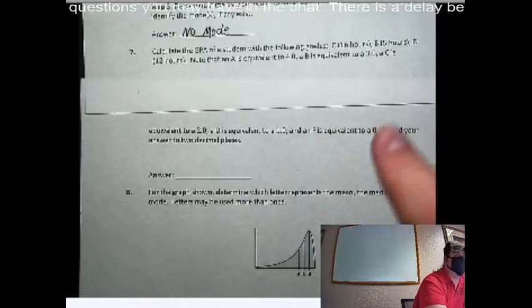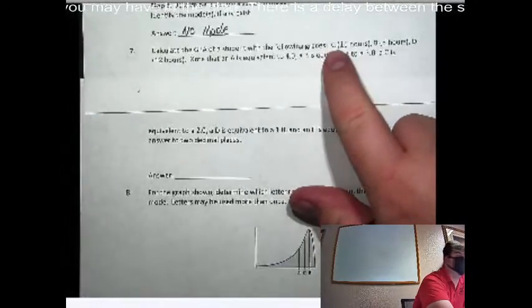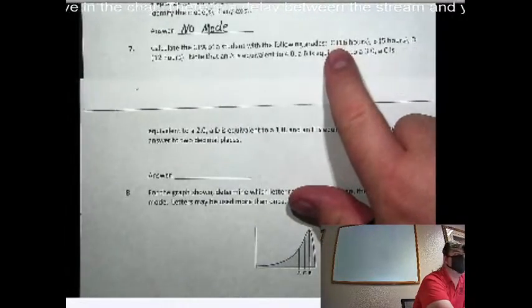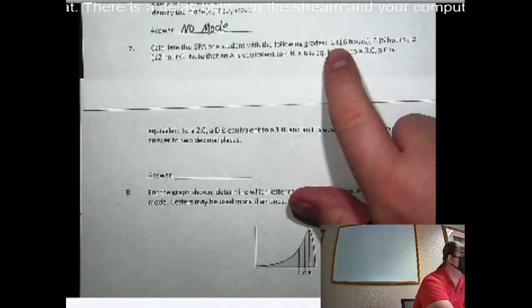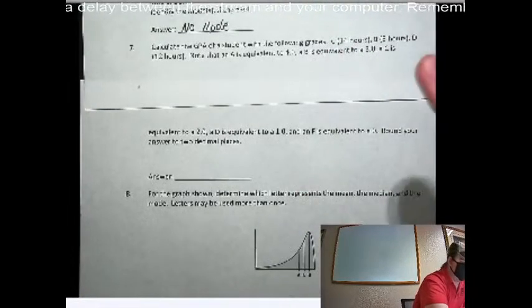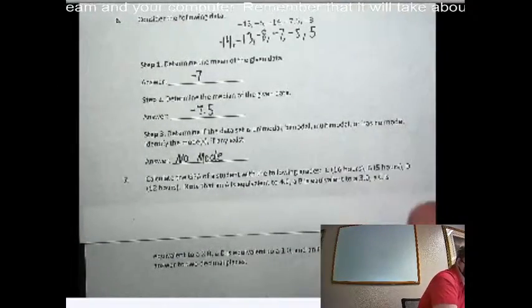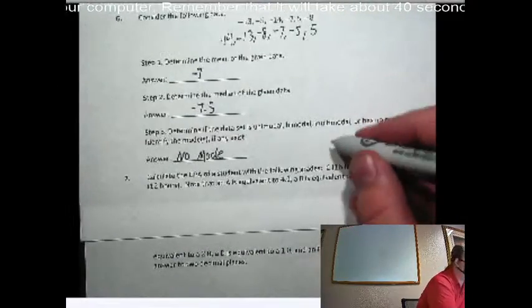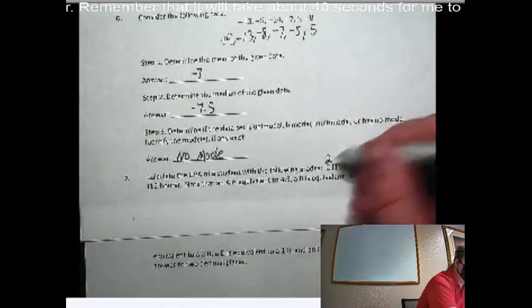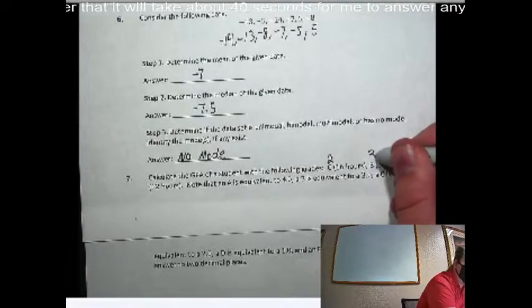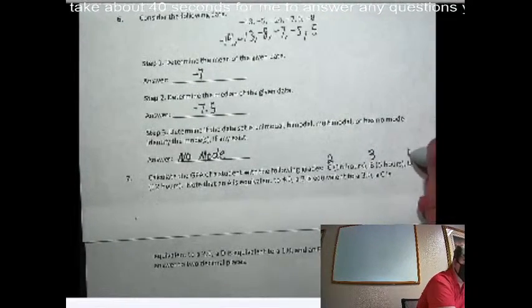So the first thing we really ought to do is convert these letter grades into number grades, values. Okay, so C is a 2.0, so that's 2. B is a 3.0, and D is a 1.0.